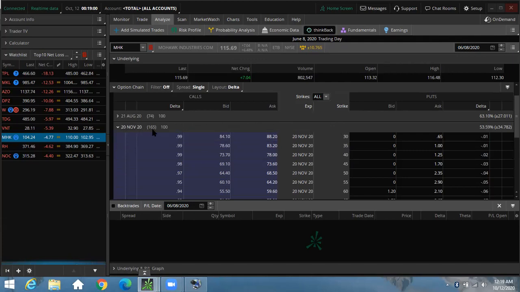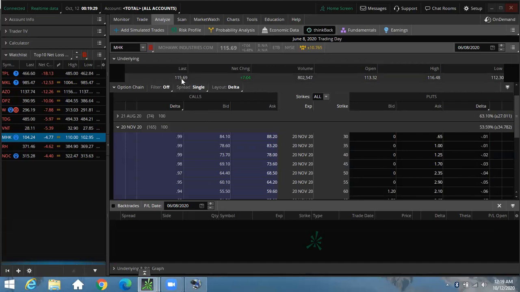We're going to look out to November of this year, which would give you 165 days for the price of your stock to stay above this price. And if it dropped, you would be able to sell your stock at the strike price that you buy for your put.